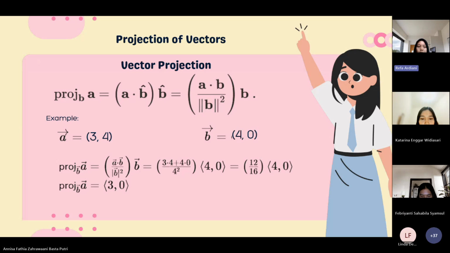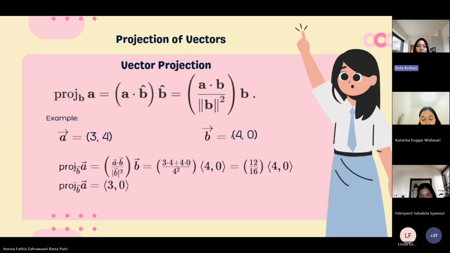It represents the component of vector A that lies in the direction of vector B. The formula is: the projection of vector A onto vector B equals A dot B divided by the magnitude of B squared, multiplied by vector B. The resulting vector always points in the same direction as vector B.